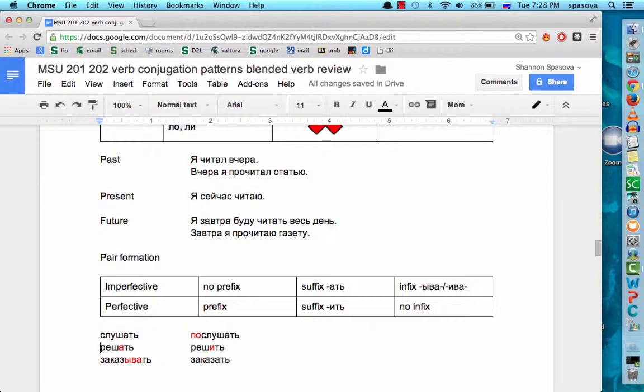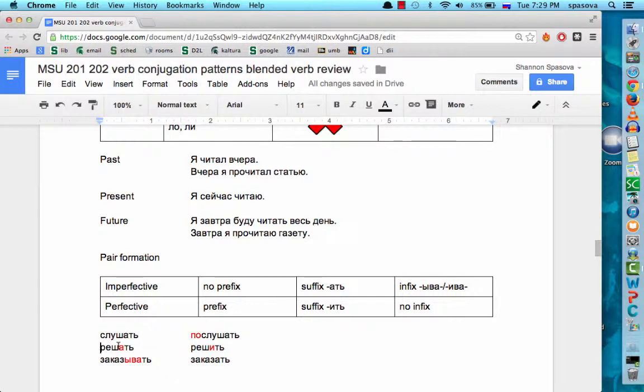If you have a pair of verbs that you know go together, sometimes you can make an educated guess as to which one is perfective and which one is imperfective. So one set of educated guesses could be if you have a pair like this one, слушать, послушать. No prefix is probably imperfective. Prefix is probably perfective. Again, you can only tell this if you have a pair.